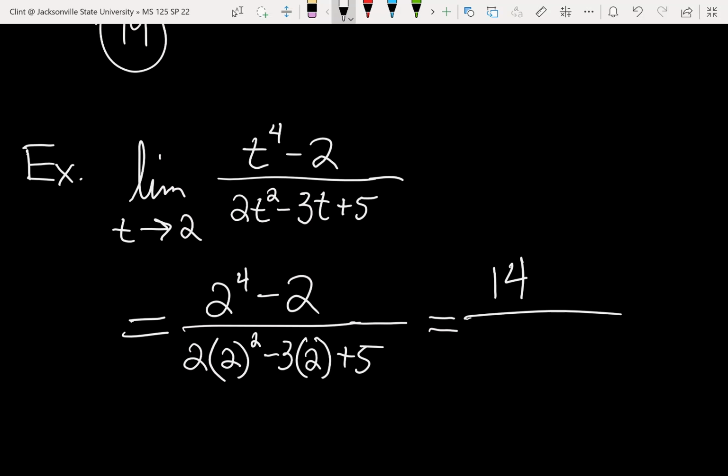Minus 6 is 2. Plus 5 is 7. 14 over 7, which is 2, our limit. Fairly complicated function, and because we've got all those properties, we turn that into that direct substitution property.